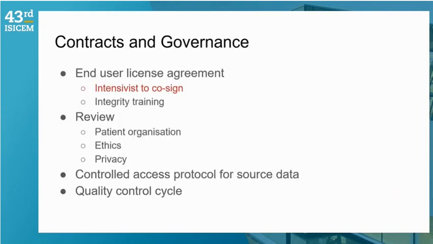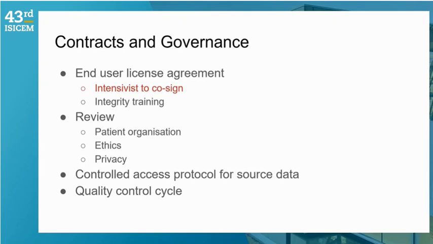Now, this is not something you can do very fast, because you need to do it rigorously, and it also implies you put contracts and governance mechanisms into place, because they reduce the chance, of course, of access. So it's not freely accessible to just anyone, but only if an intensivist is co-signing.